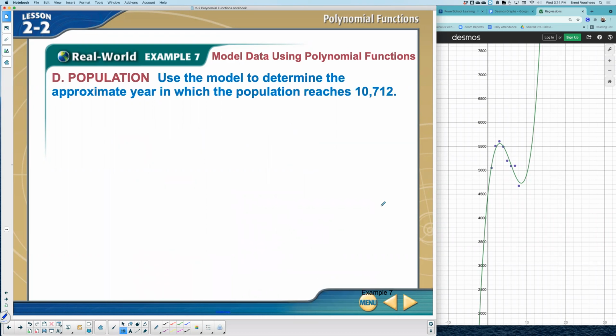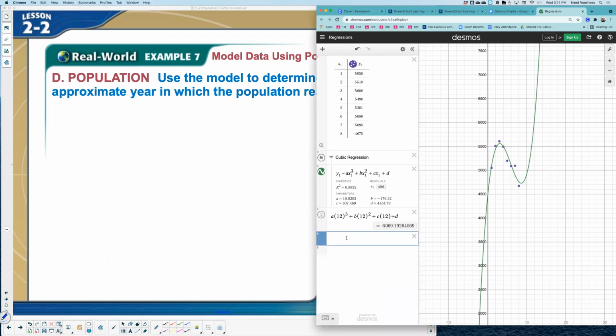And now part D, determine the approximate year in which the population reaches 10,712. Maybe the best way of doing this one would be to just write f of x equals ax cubed plus bx squared plus cx plus d, because we have all those coefficients.